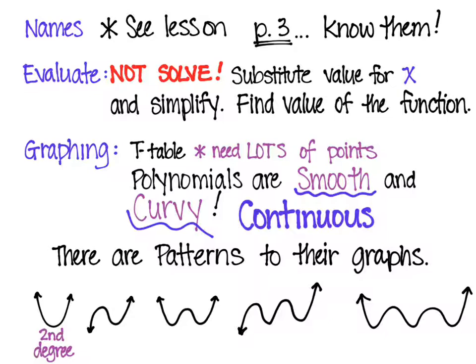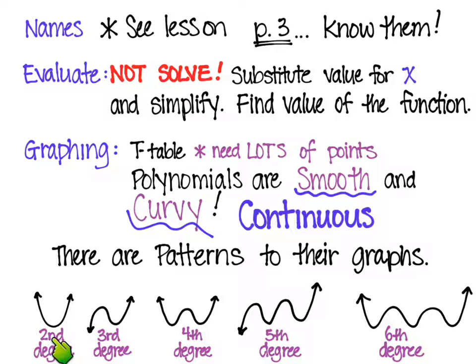So a polynomial of second degree gives you a quadratic, which graphs a parabola. We have a polynomial of third degree, which is the cubic. We have a polynomial of fourth degree, fifth degree, sixth degree. So there's a pattern here, and look at the pattern. When the degree is 2, it has one valley or hill, depending on which way you think of it. This one turning place, we're going to talk about that in a minute.